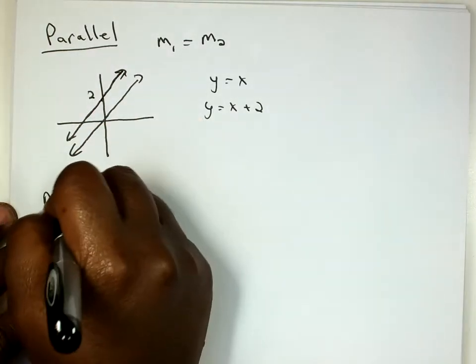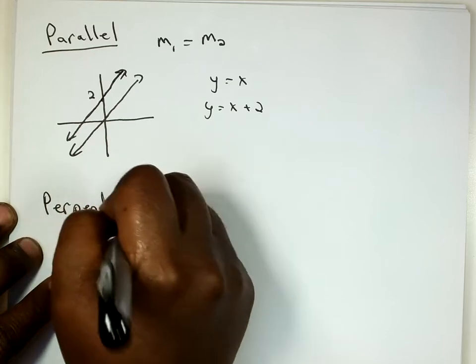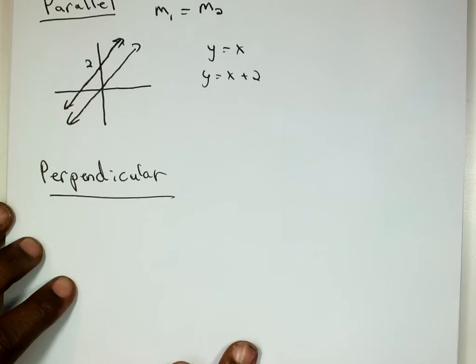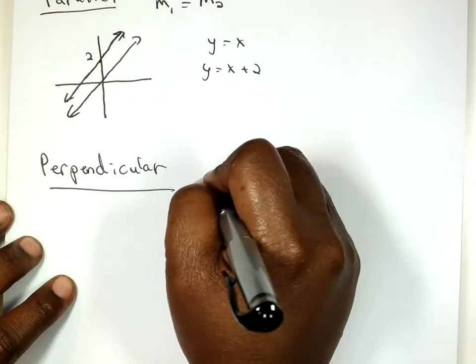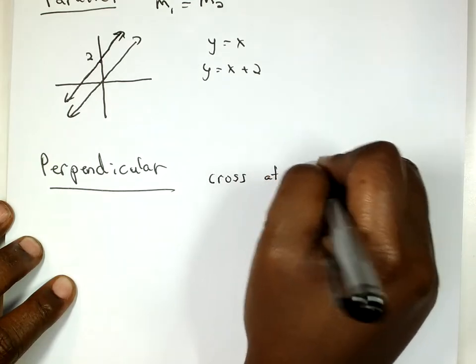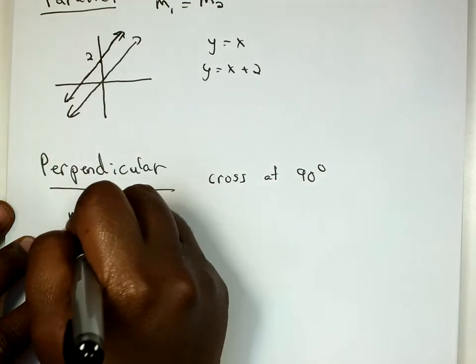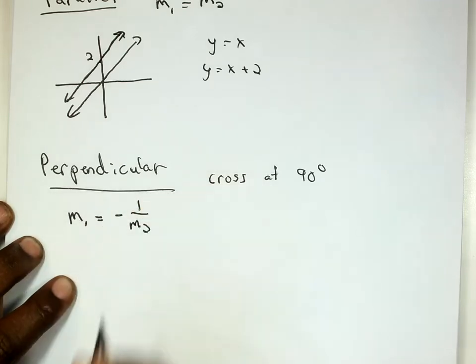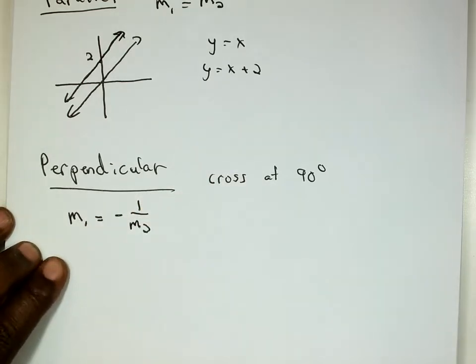But before we do that, we talked about parallel lines, and then we also have perpendicular lines. And these cross at 90-degree angles. And how can we tell? They're going to be opposite and reciprocal. So one way that people write it is m1 equals negative 1 over m2.